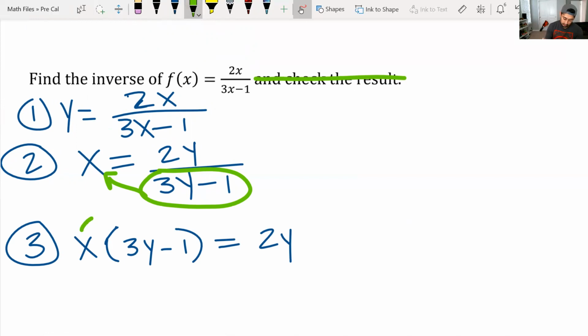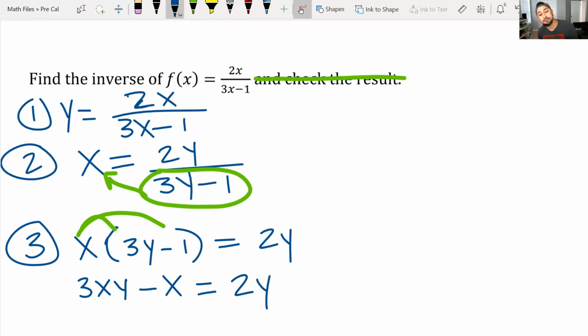Distribute. Three xy minus x equal to 2y. Remember, we're solving for y. Put your y terms together.